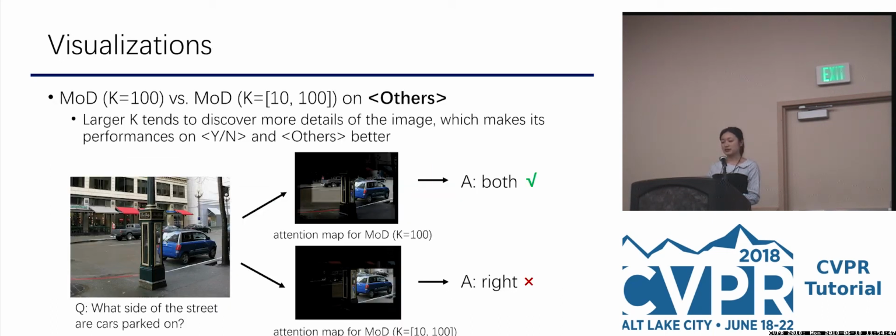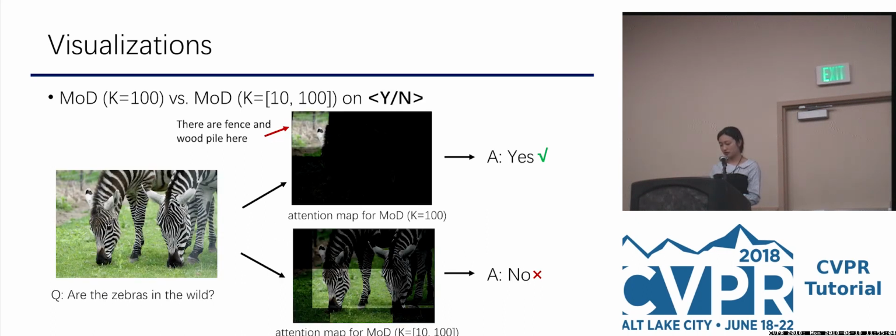We visualize some examples on different types of answers to show the difference between using dynamic K and fixed K. Larger K tends to discover more details of the image, which makes its performance on yes or no type and other type better. This is an example on yes or no type.